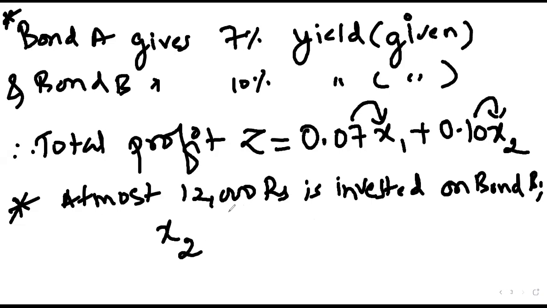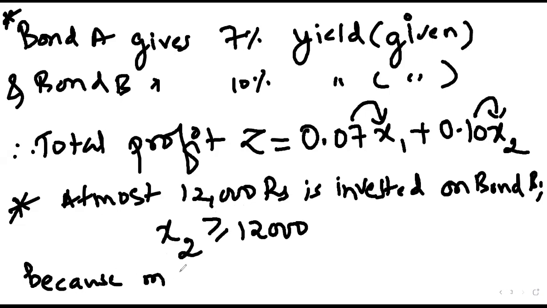A small change has to be done in whatever equation you told. Is it smaller than or greater than or equal to? Sorry, you are right. It should have been smaller than or equal to, because at most means maximum.